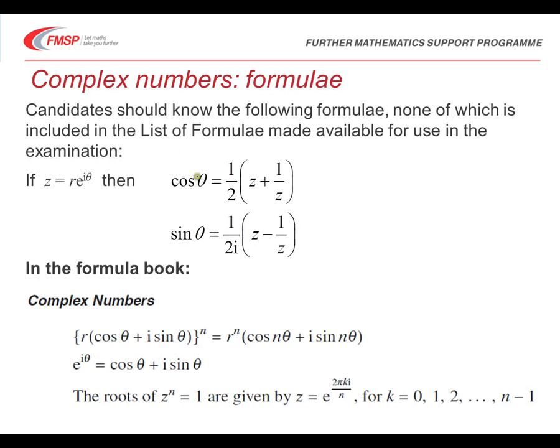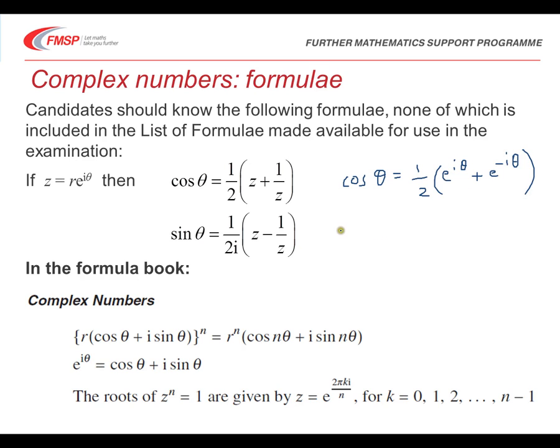A couple of things that will make those a bit clearer. These first two statements in terms of e to the i theta aren't given in the formula book, so you are expected to know these. In practice, the first statement is probably better and more easily remembered as cos theta is 1 over 2, e to the i theta plus 1 over e to the i theta, or e to the minus i theta, and we're adding them in the case of cos.